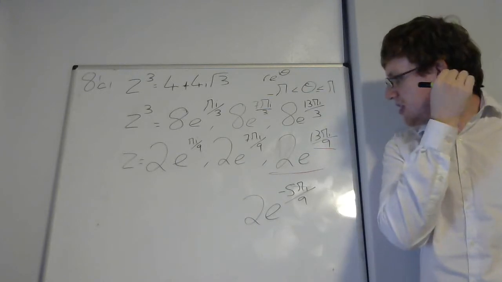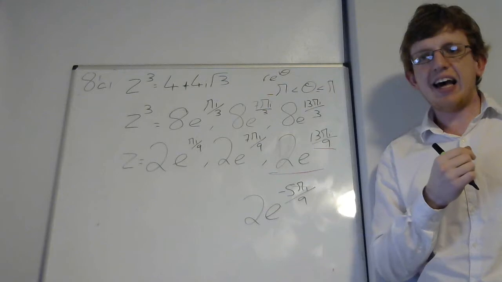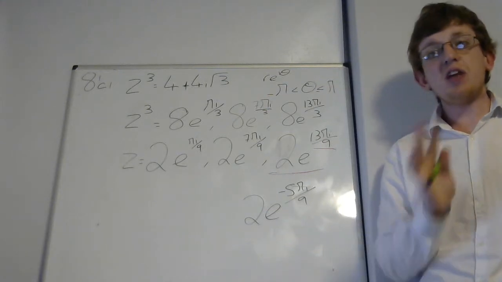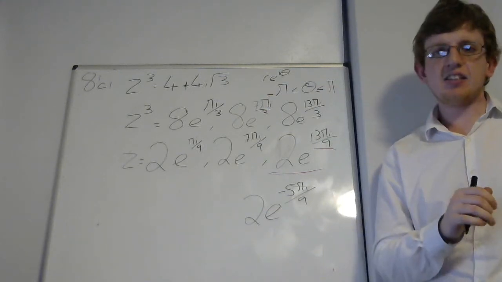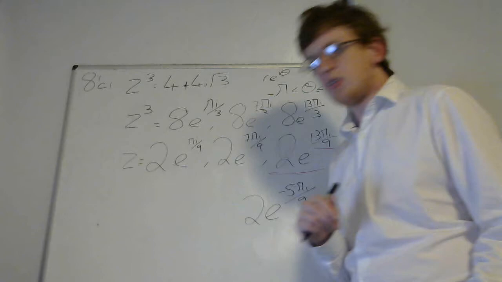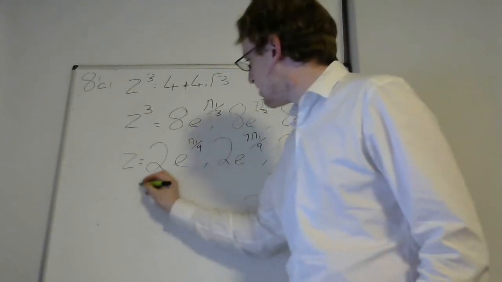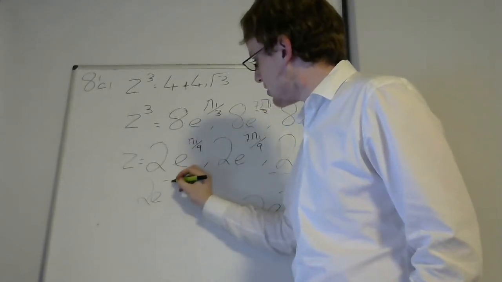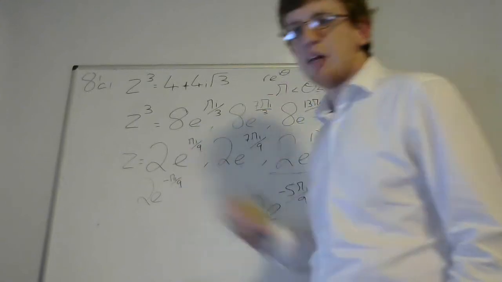After this, it wants you to sketch all of your roots on an Argand diagram. The thing they're looking for here is that you spotted the symmetry. Because one of the other roots you get is 2e to the minus pi i on 9. You'll see that in a bit.